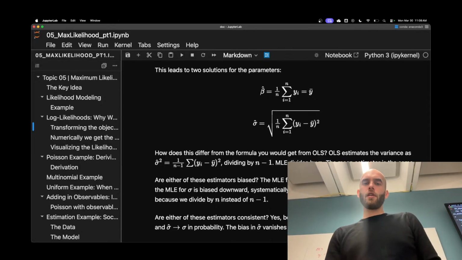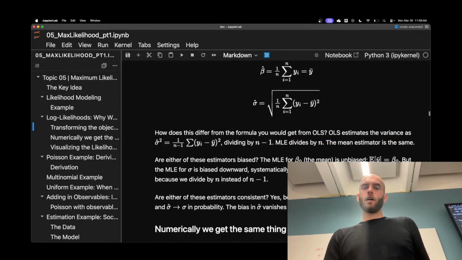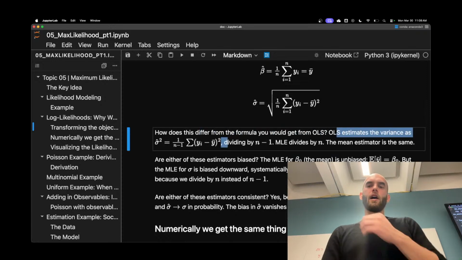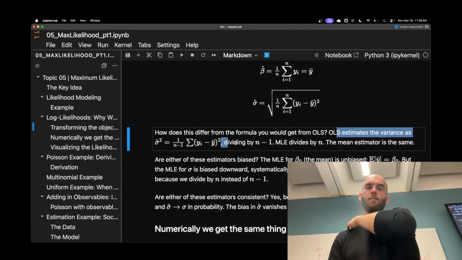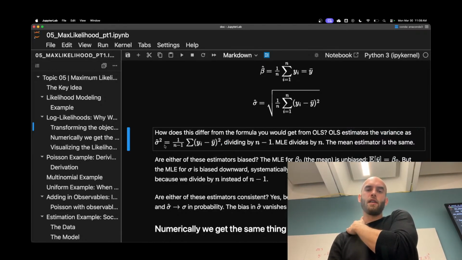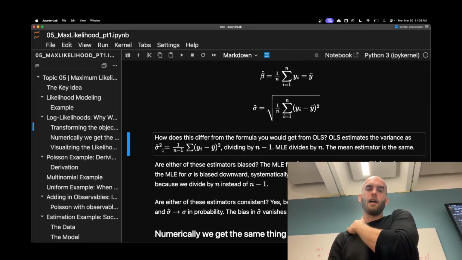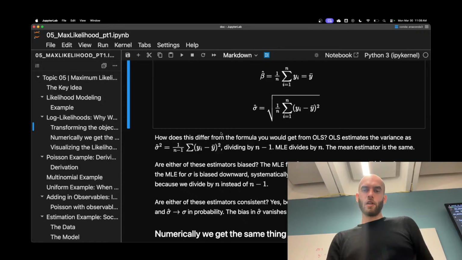Well, it turns out the averages are the same. The OLS estimates for the variance are this thing. I guess the notation here is a little bit funny because this one is squared and this one is not.